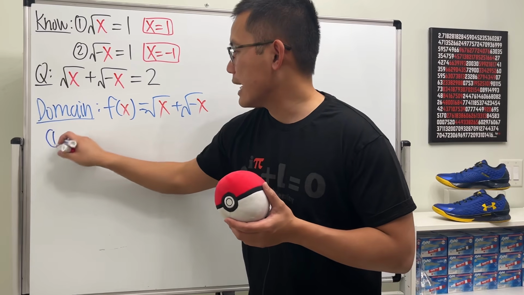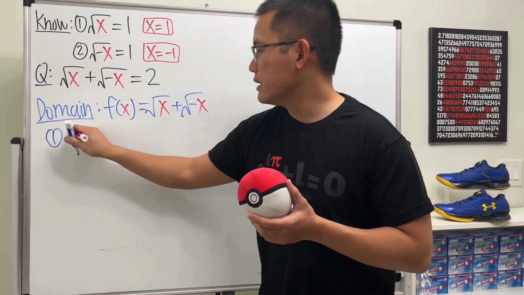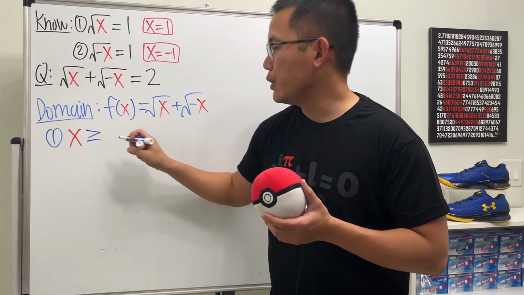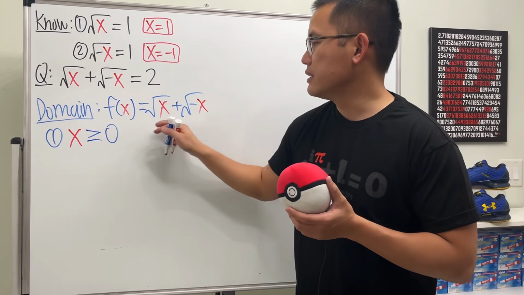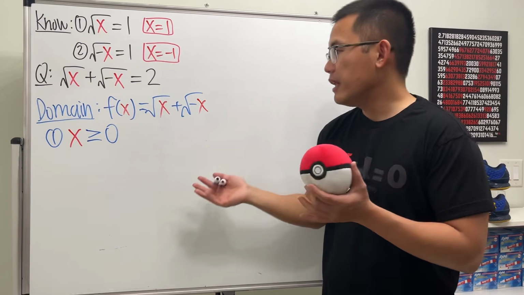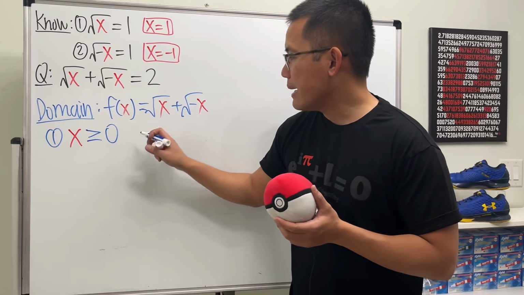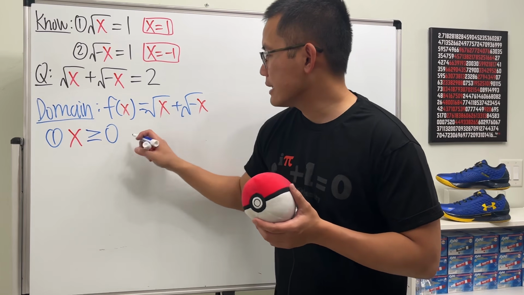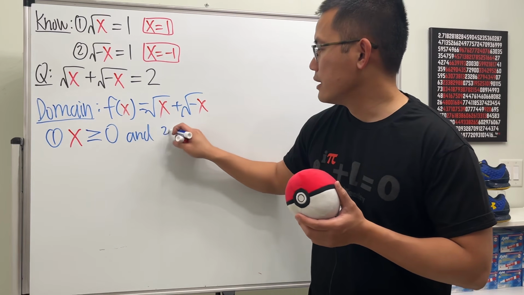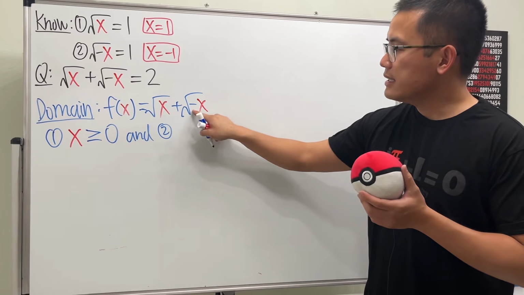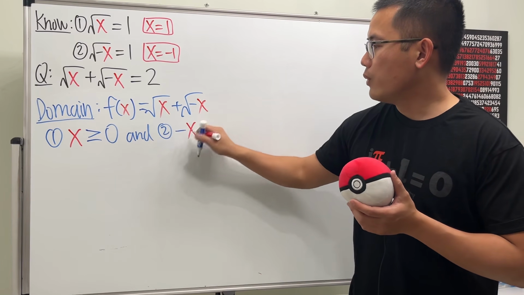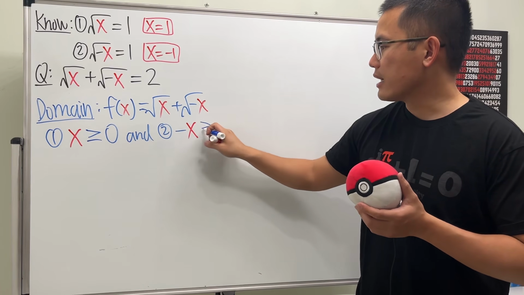The first part is that the x inside here has to be greater than or equal to 0 because inside cannot be any negative numbers. And in the meantime, we will also have to make sure that, let me put down the second part, the inside here is negative x. We will also have to make sure the inside is non-negative.